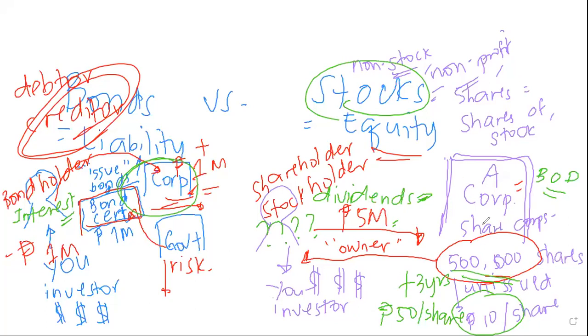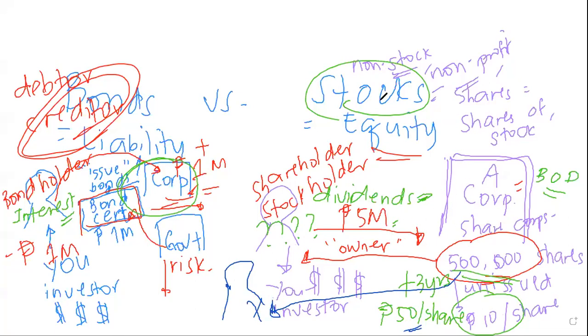Pwede nimo siyang ihatag to someone else. Let's say, naa dinhi another investor, si Mr. X. Pwede nimo siya ibaligya ni Mr. X. At this time, 50 per share. So, nakaginansya ka. Because when you bought these shares, you bought these at 10. But when you sold it at 50.